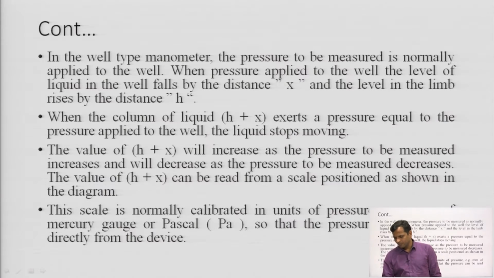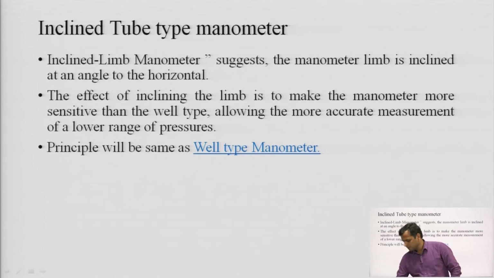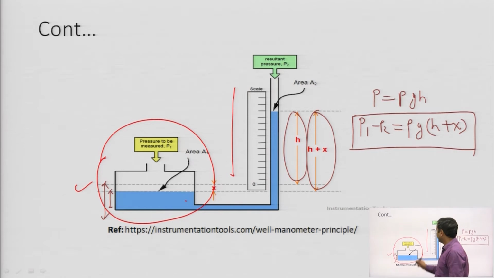Now, you can see over here that the working is explained, and I have already told you in the diagram. You can read this: in the Well type manometer the pressure to be measured is normally applied to the well. You can see in the diagram that pressure has been applied into the well.